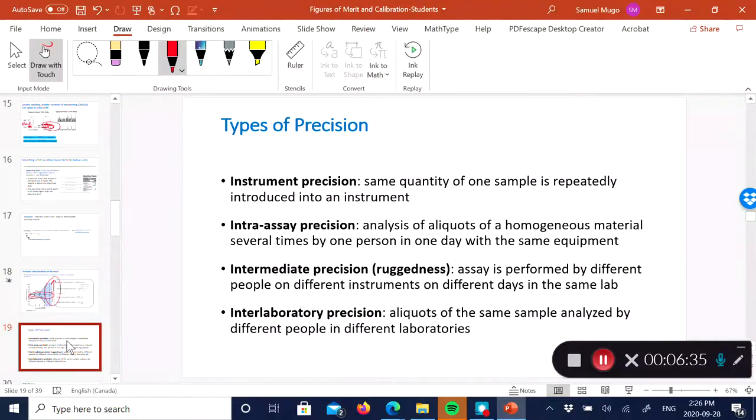So, types of precision. Again, remember, precision is what we use to quantify reproducibility, and reproducibility is a figure of merit. There are types of precision out there. You can have instrument precision, which is the variability within the instrument.